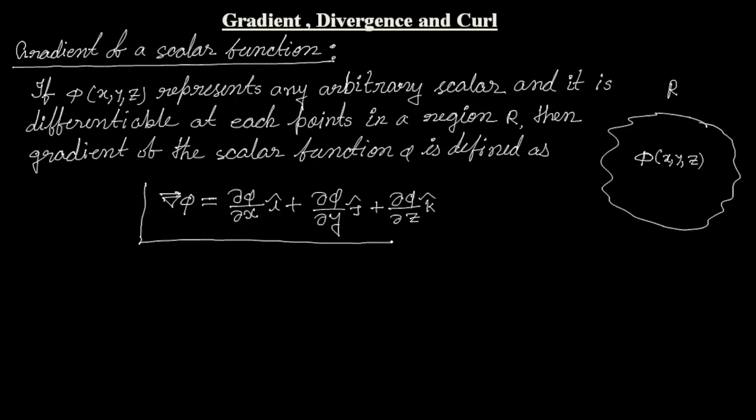This is how we define the gradient of a scalar function in the rectangular coordinate system, when the scalar function is a function of x, y, z. As you can see, when we take the gradient of a scalar function, it represents a vector quantity. So now we know how to write the gradient of a scalar function in rectangular coordinates.